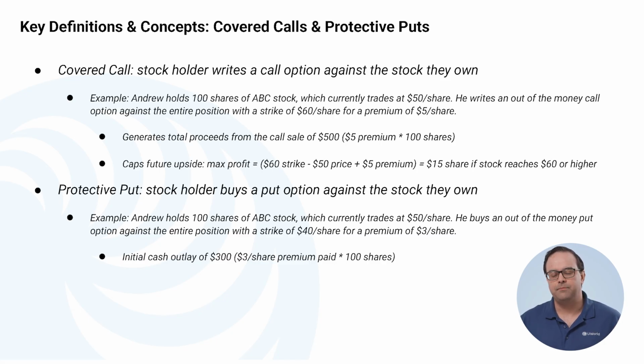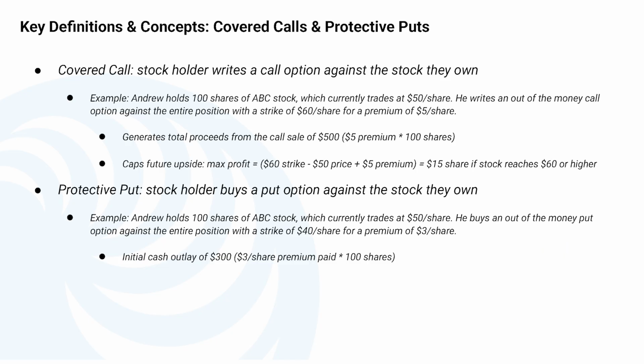This could be, for example, an asset that has significantly appreciated in value, and the investor doesn't want to sell the position and realize a taxable gain, but they want to hedge against the downside, so they instead buy a put. In this scenario, there's going to be an initial cash outlay of the premium paid, in this case $300, which is the $3 a share times 100 shares. This is going to hedge the downside.